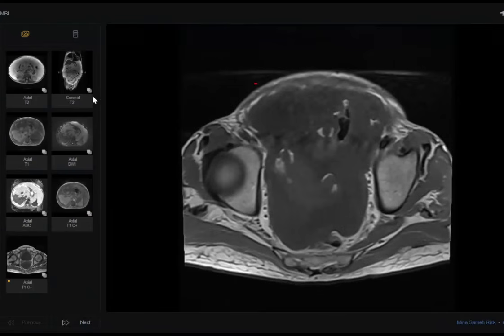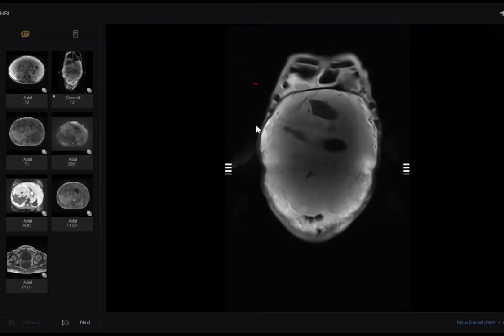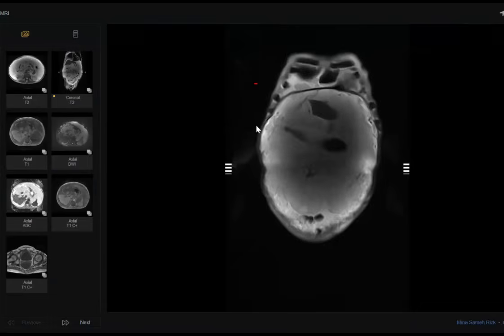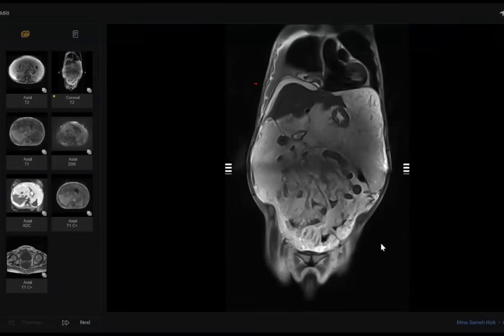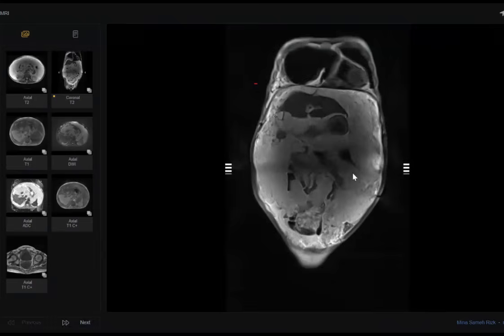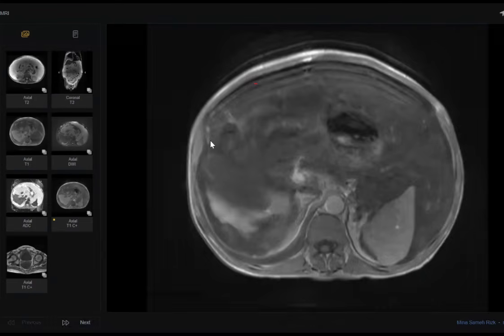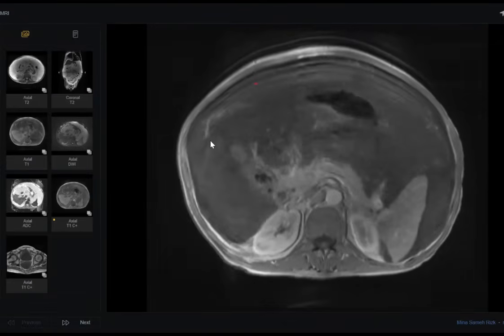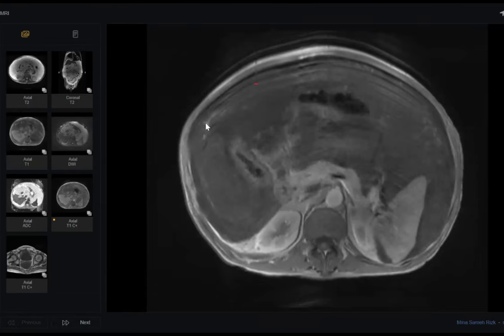Anyway, I presented this case to show you the appearance of pseudomyxoma peritonei on MRI, because it is really very important and confusing, especially on the post-contrast images. It is almost non-enhancing, but in some parts you feel like, what is this?